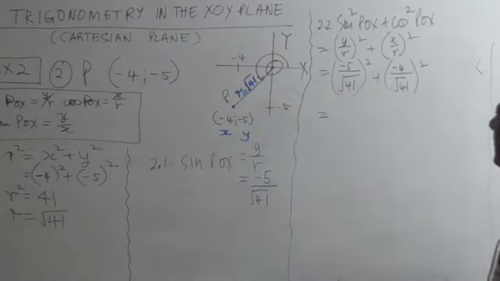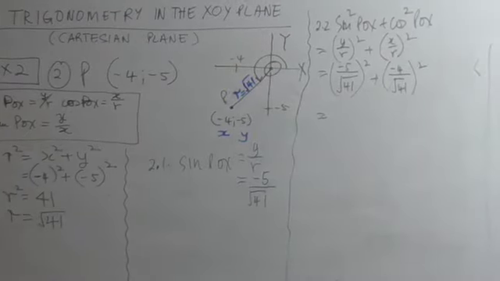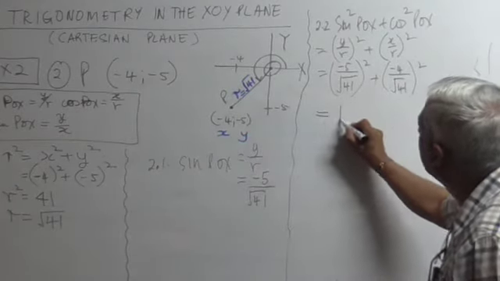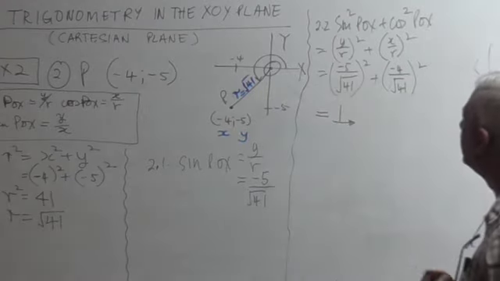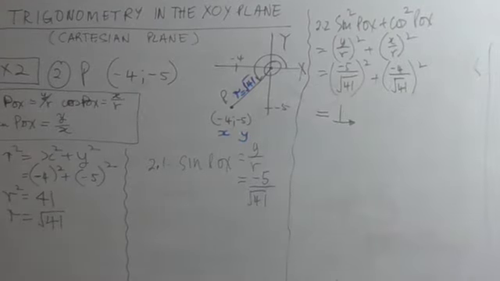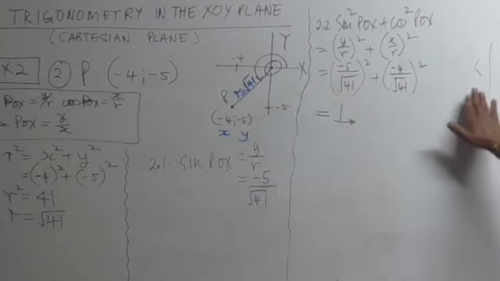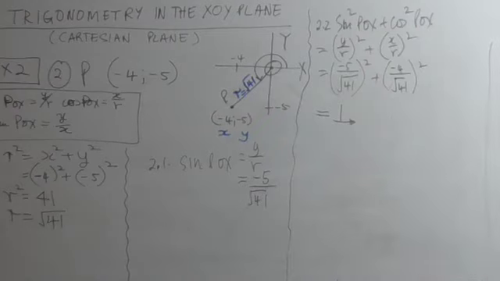You put that in the calculator and just add it up, and you'll find that the answer is 1. You shouldn't be surprised, because we discovered long ago that sine squared x plus cos squared x is equal to 1, and we told you that it's called an identity. So we're only confirming that it works for any angle.